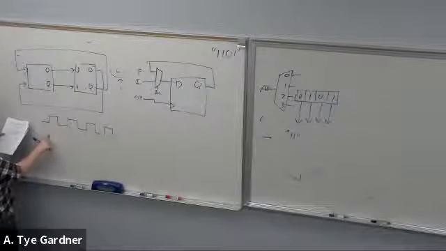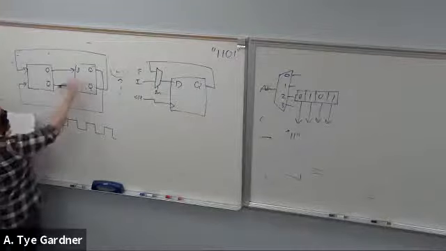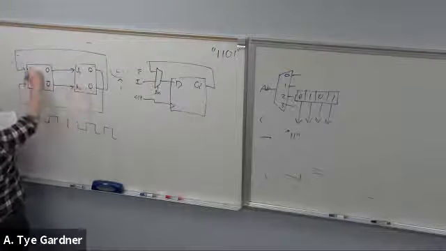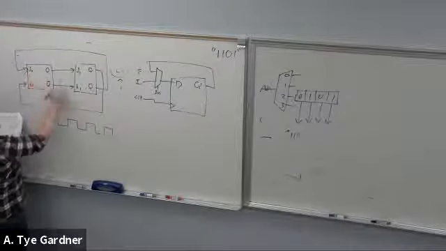I'll make sure I do this one right. So this is J1, K1, this is J0, K0. So for the signal that's going into J1, which is also Q0, I labeled those to help make sure that we didn't get confused on what was what. I said both Q0 and Q1 start at 0, right?